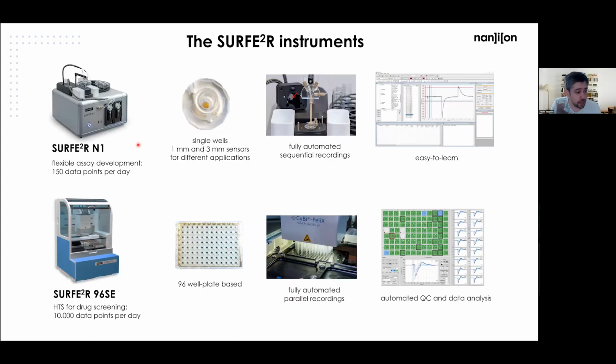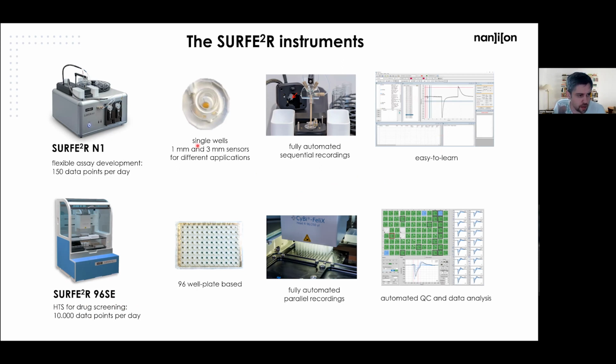Here are the two devices we have. This is the Surfer N1, a single well device where you can record up to 150 data points per day. And then we have the 96 well plate based device, the Surfer 96 SE, where you can record up to 10,000 data points per day. Of course, given the different hardware, you also have differences in the liquid handling and in the software.